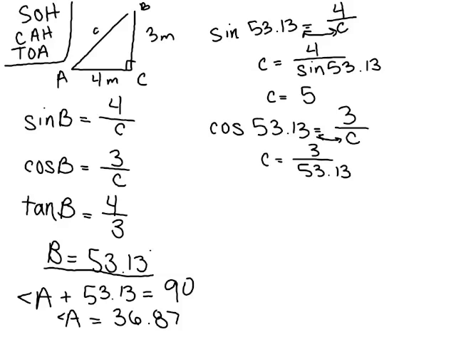Same, grab your calculator. 3 divided by 53.13, second cosine. Forgot to write that on there, didn't I? Cosine. What did we end up with? 4.9999.